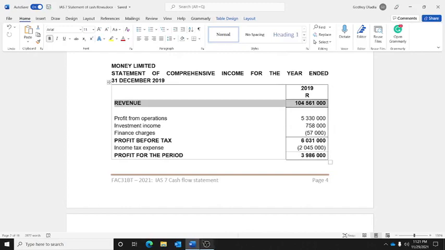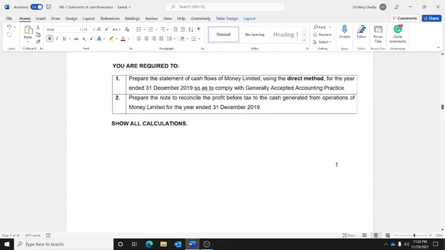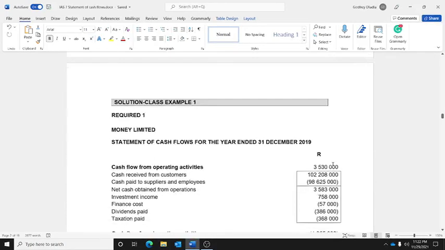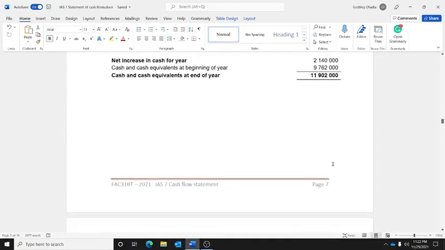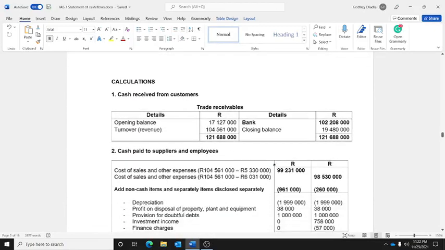We look for that one. Okay. I'm going to use T accounts in explaining this. Here we go. So here is your turnover. All right, I'm calculating the cash received from customers.